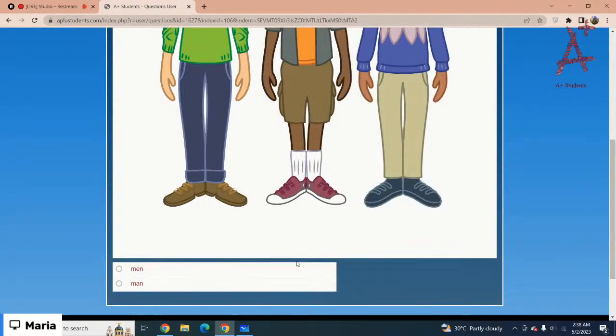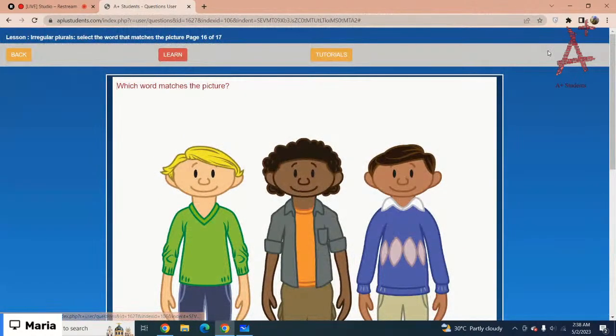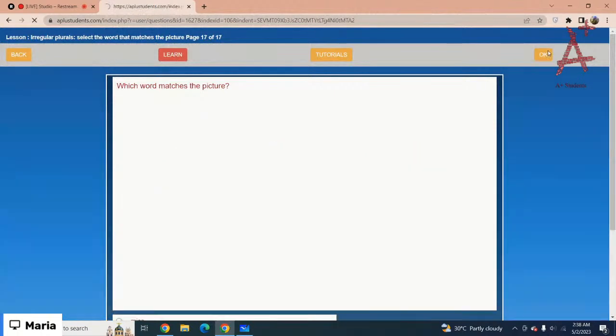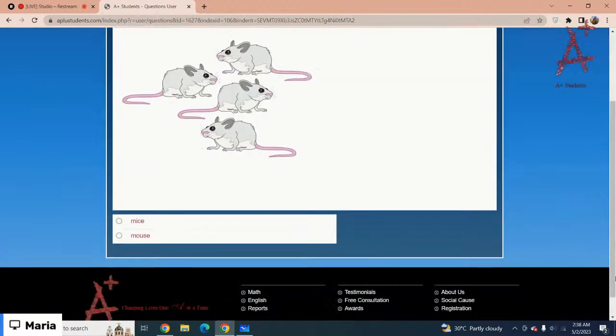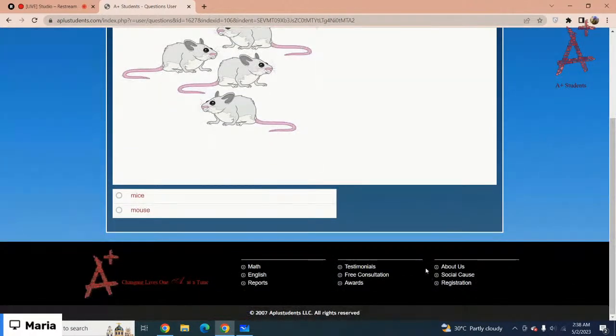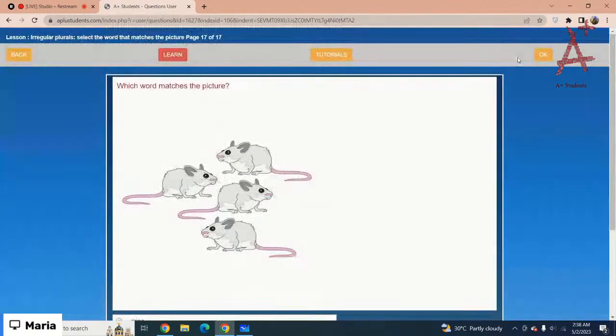It would be men. They are more than one, so they are men. Which is the correct option? Mice or mouse? Yes, they are more than one. They are the mice. Okay, we are done.